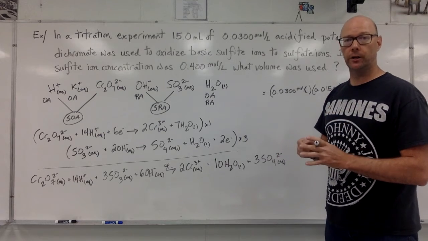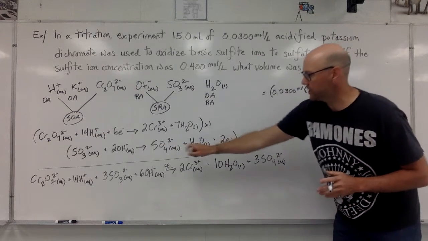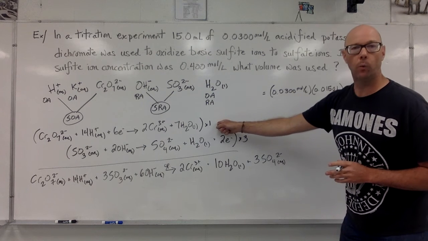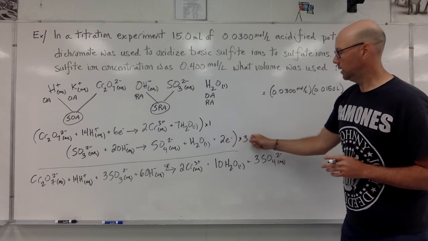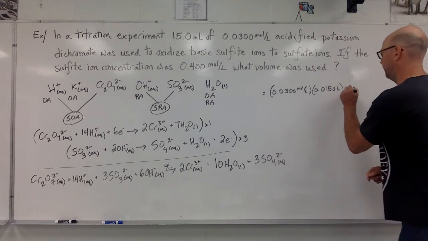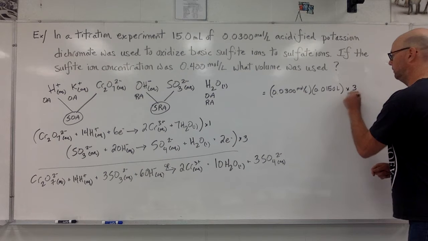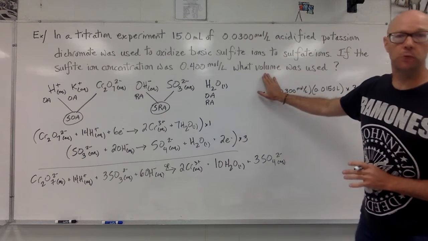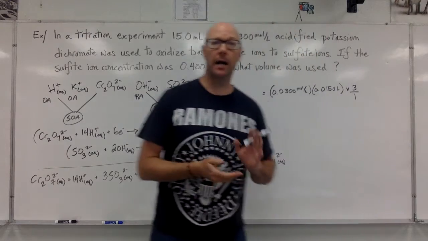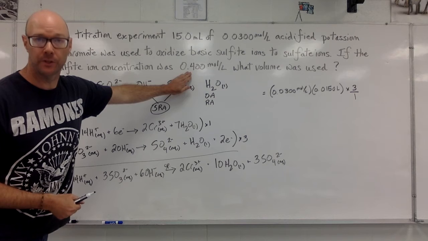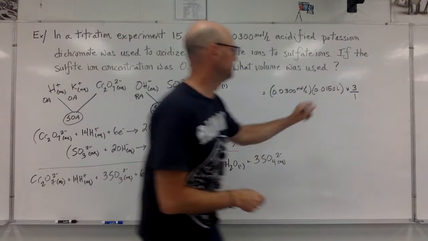What's required was this second half reaction, which was balanced with a 3 and the 1 for the dichromate. So here we have a 3/1 ratio. In our last step, we're looking for the volume, so we're going to divide by the concentration, which was 0.400 moles per liter.